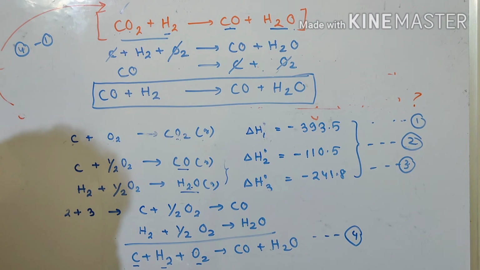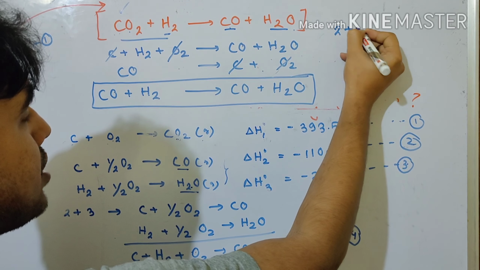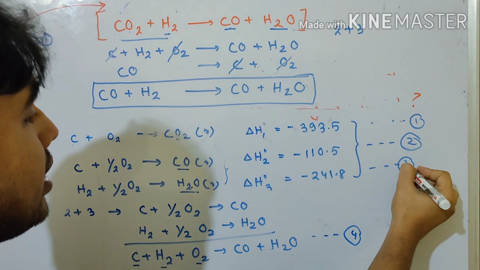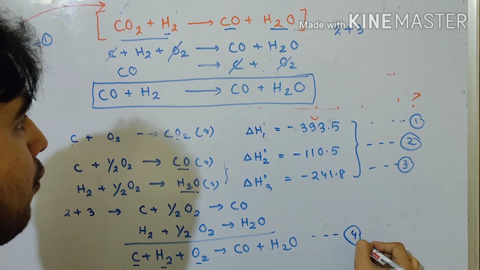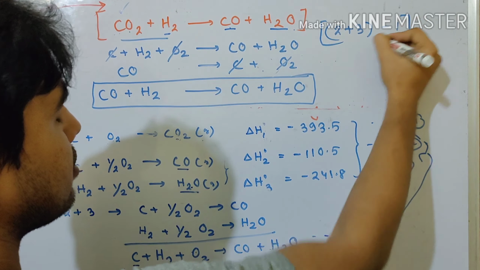The point is, by which process? What have I done? I have done 2 plus 3, right? Then I have subtracted equation number 1. 2 plus 3 if I do, I will get this. So 2 plus 3 minus 1, that is the trick.